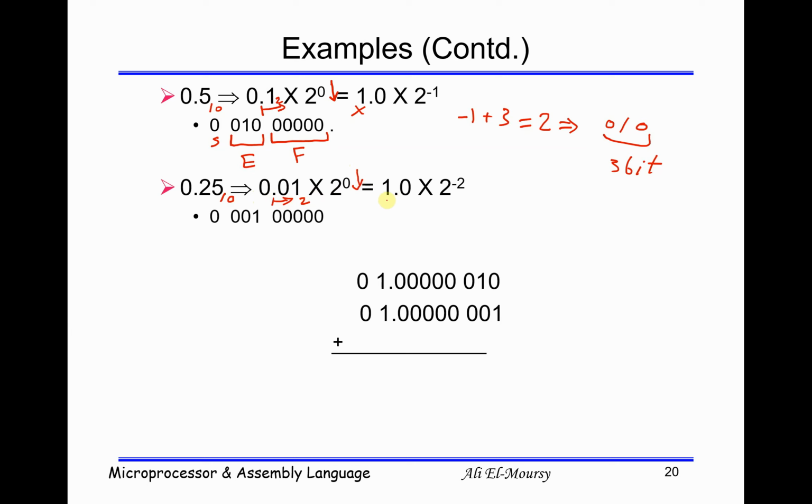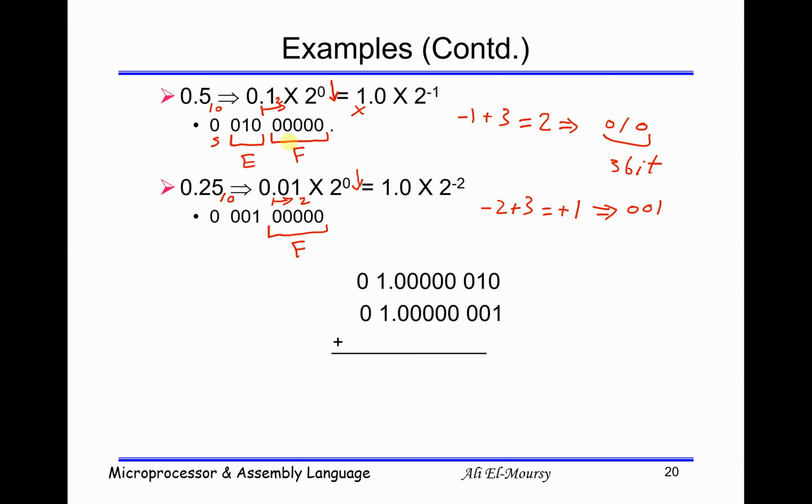So I have the number as 1.0 as well. Accordingly, this is the fractional mantissa F, and the exponent is minus 2. Minus 2 plus 3 equals positive 1. That means I have to put it as 0, 0, 1 in the 3 bits.